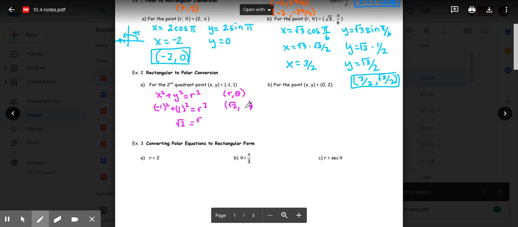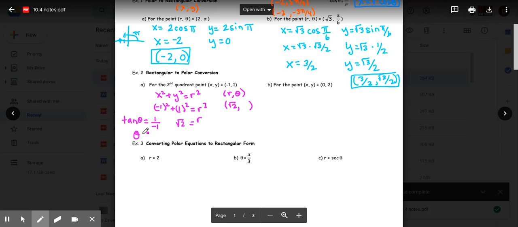And then there's a couple different ways that you can go ahead and find theta. You could actually use tangent and say tangent of theta equals y, which is 1, divided by x, which is -1. So where's tangent of theta equal to -1?